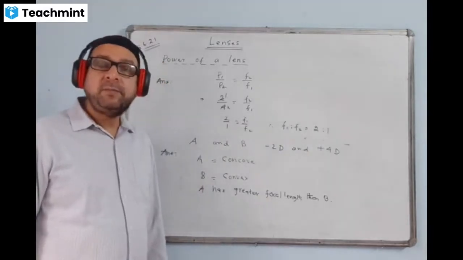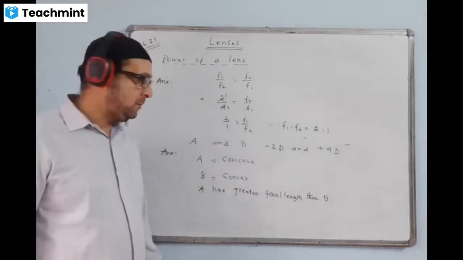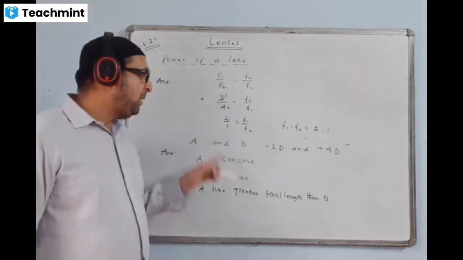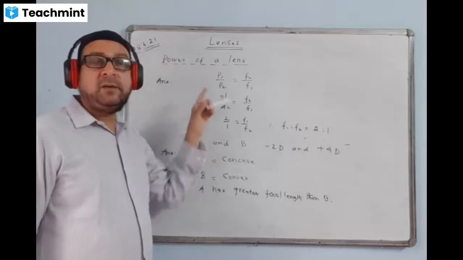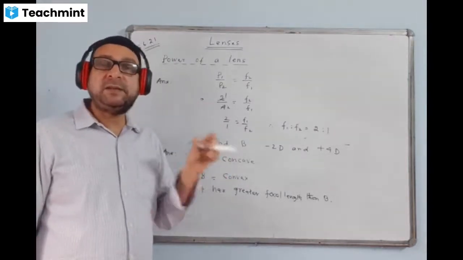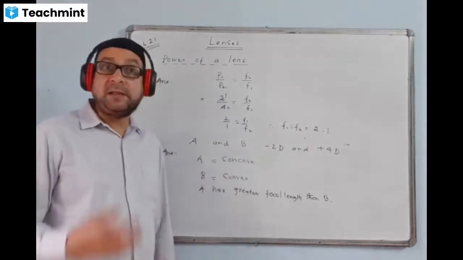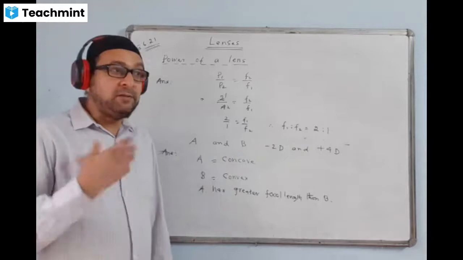You understand, boys? Here, in the chapter light, minus sign and plus sign represent direction. And here, for power, minus and plus sign represent the type of lens, whether it's converging or diverging.